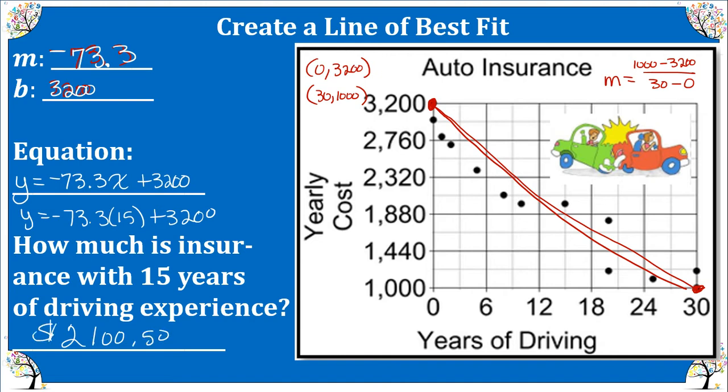So this equation allows us to make predictions from our scatter plot here. So it's saying in 15 years, which is about right here, I'm going to pay about 2,100. And yes, I can see that. That is pretty much accurate.